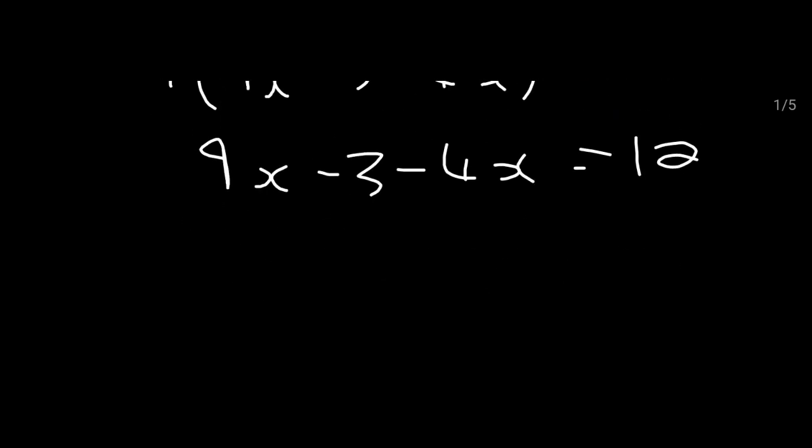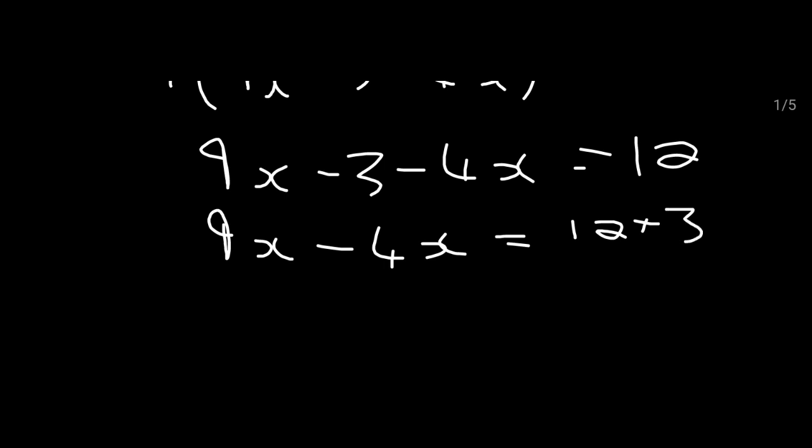And then from here, we have a combination of variables and numbers or constants, so we group like terms. I'm going to leave my variables on one side: 9x minus 4x, equal to 12. This negative 3 goes to the other side, and you have a positive 3. Everything that I'm explaining here was covered in the previous videos, so if you don't understand, make sure that you watch those videos.